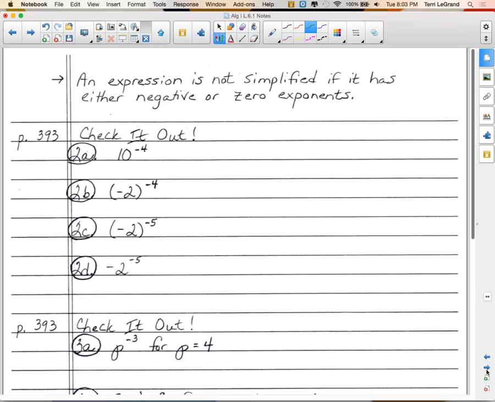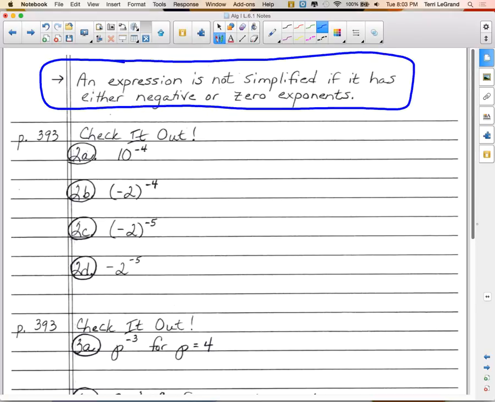Note at the top, this is really important, so if you want to put a box around it, that might be a really good idea: you don't get to claim that an expression is simplified if it still has negative or 0 exponents in it. Until you have rid it of all of those, it is not truly simplified.